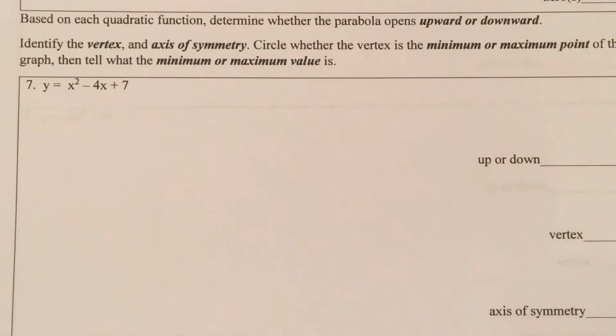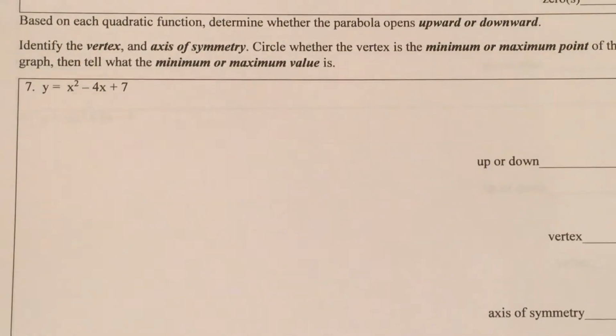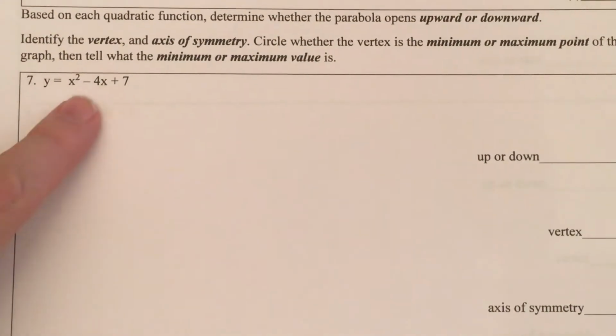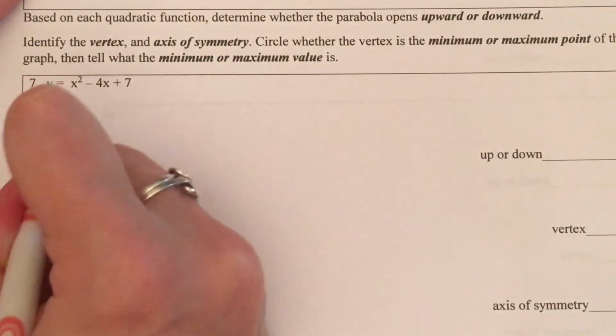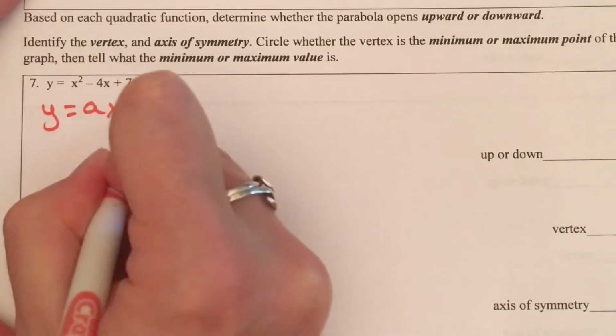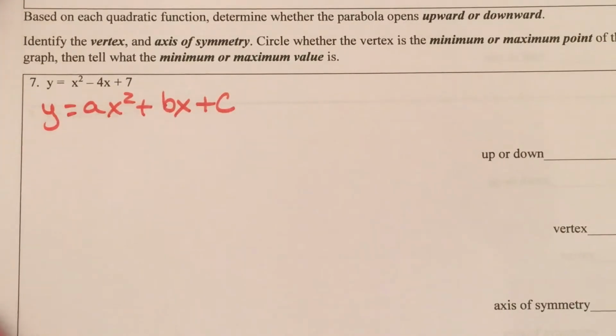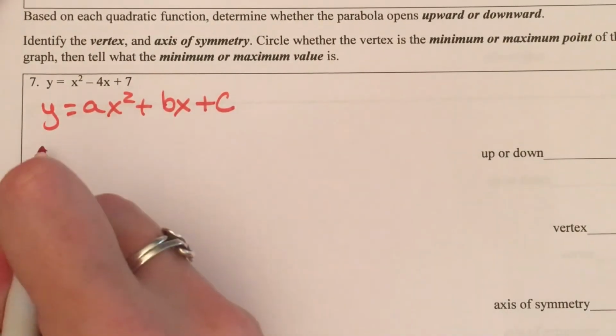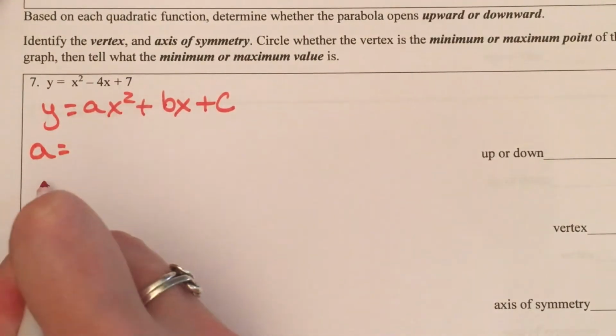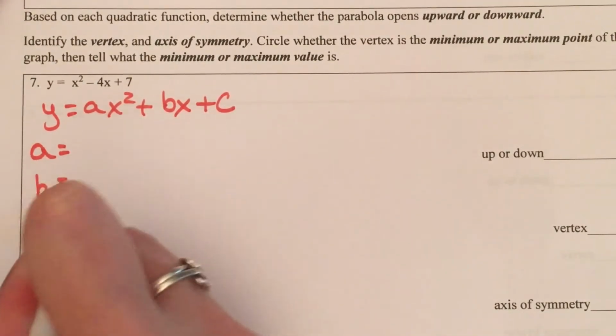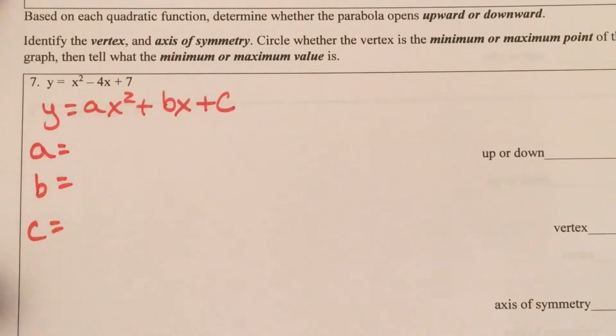All right. So if you're given an equation, the first thing you want to look at is what are A, B, and C. This is standard form. So in standard form, there's a lot of things that we can determine. But in order to find them easily, let's go determine A, B, and C from the equation first.